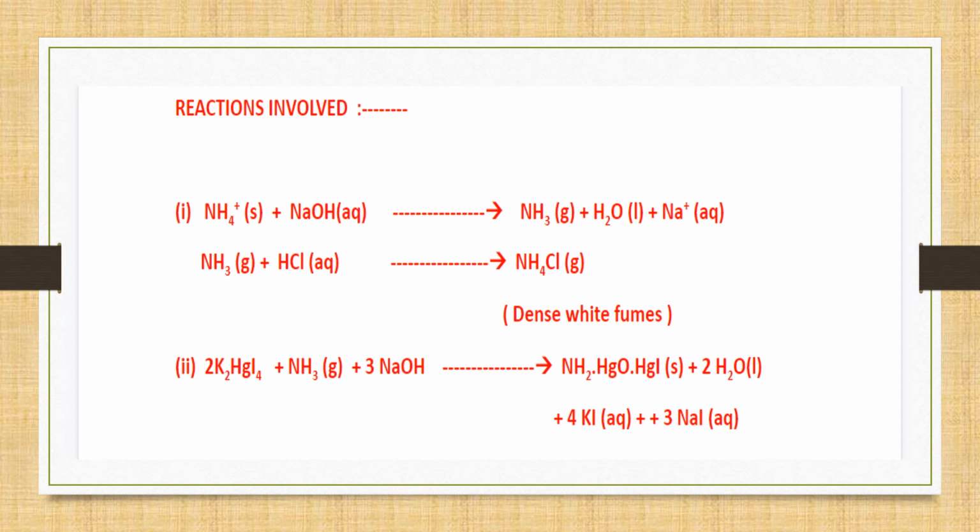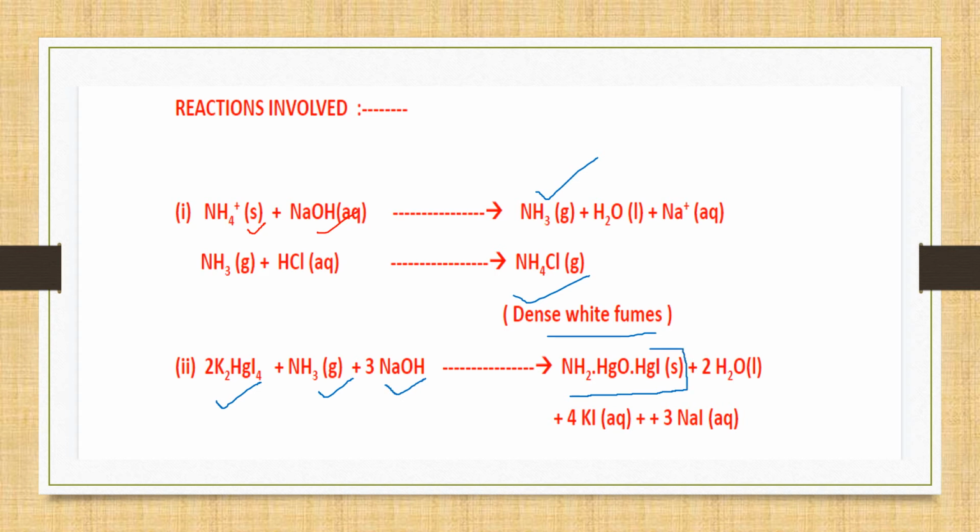The reactions involved: when you take the salt with NaOH and heat it, it evolves ammonia. And this ammonia on reaction with HCl produces NH4Cl, dense white fumes. Then you have Nessler's reagent, which is K2HgI4. It reacts with the evolved ammonia in the presence of base and produces NH2HgOHgI.